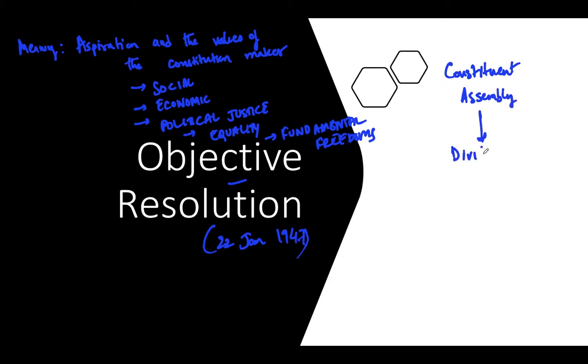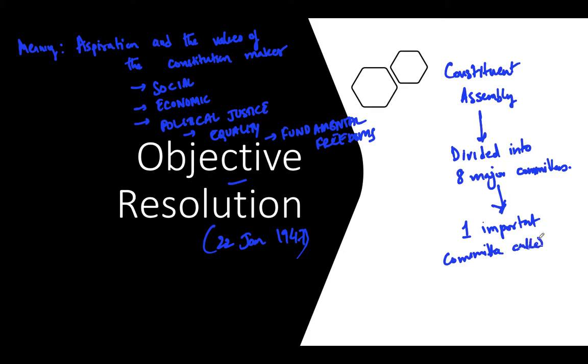Among these 8 major committees, there was one important committee, that is the drafting committee. What is the drafting committee? Those who drafted the constitution, who made the constitution, are called the drafting committee.